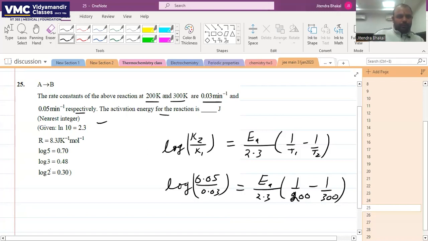T1 is there first. Now, we also have the value of log 5. So here point will be removed and we can write it like this: log 5 minus log 3.